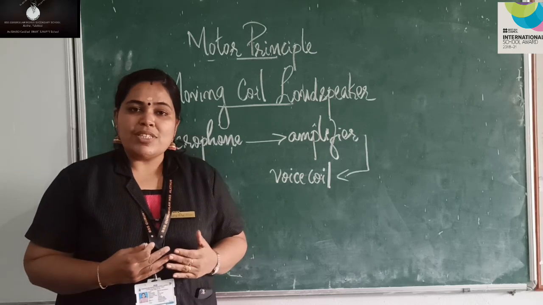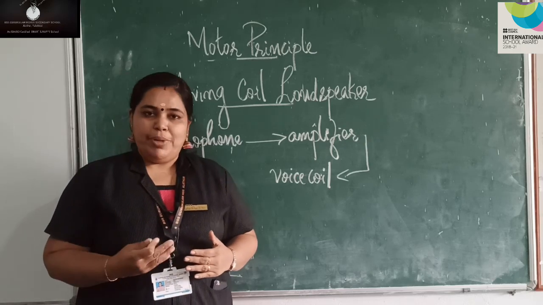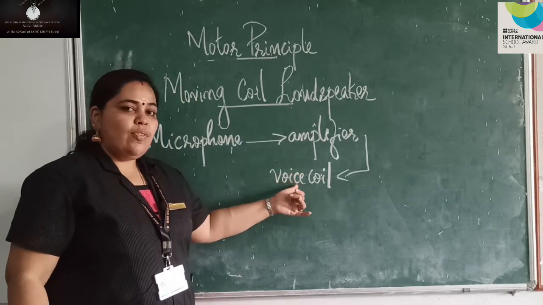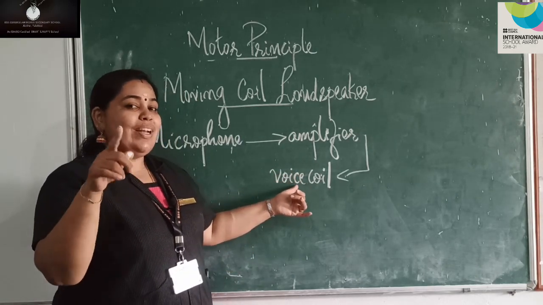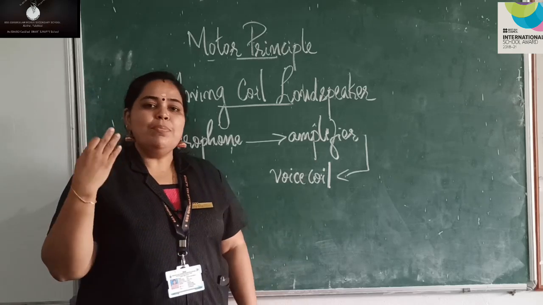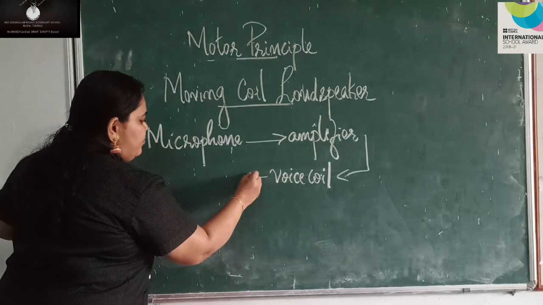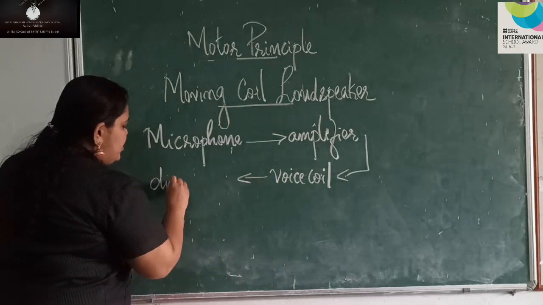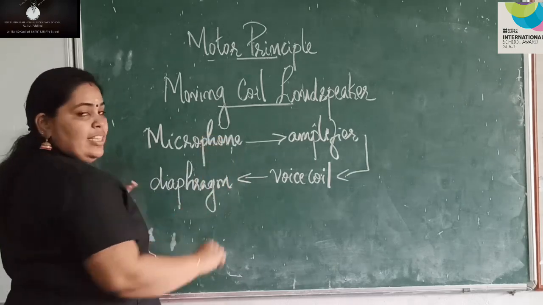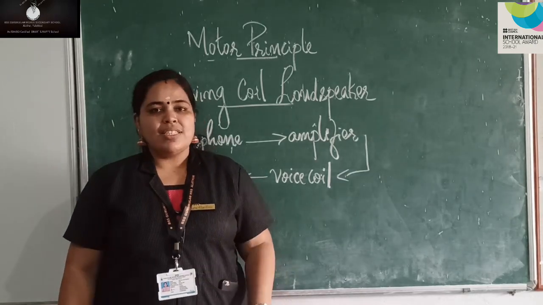So what happens to the voice coil? The voice coil vibrates. Is it clear? And when the voice coil vibrates, attached to the voice coil there is a diaphragm. So what happens to the diaphragm? The diaphragm also vibrates according to the signals, thereby reproducing the sound.